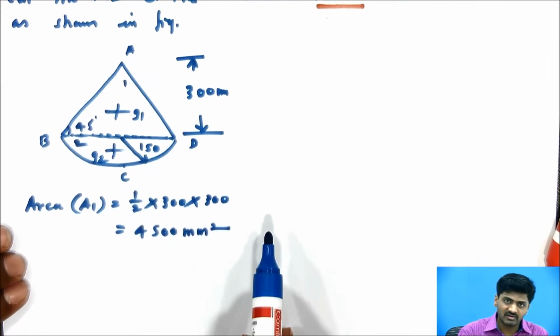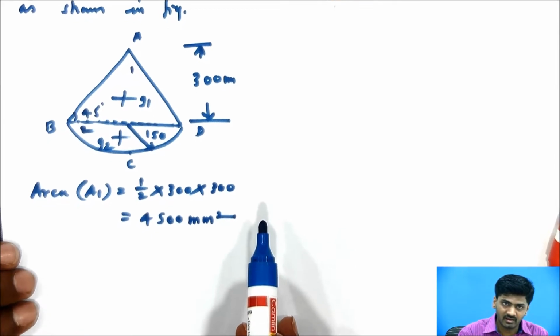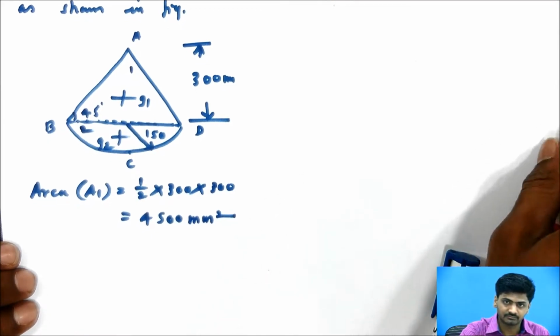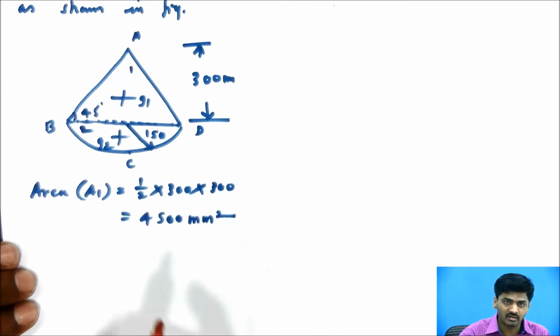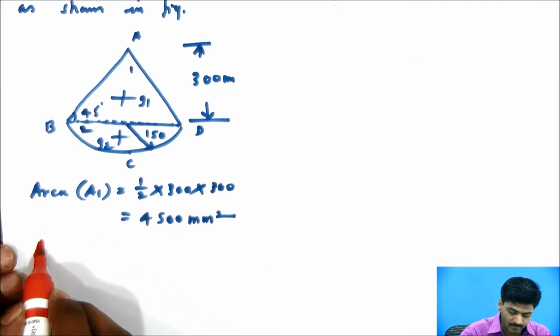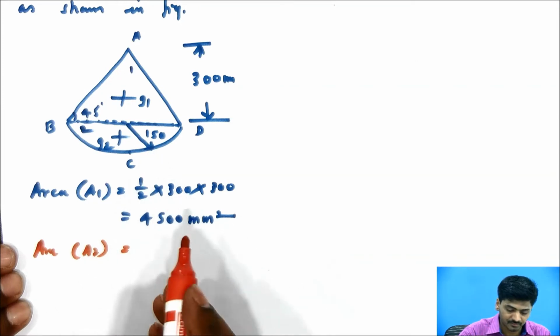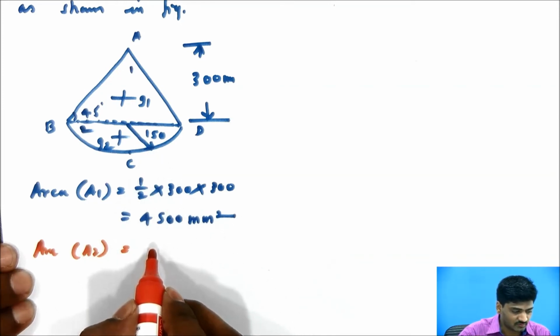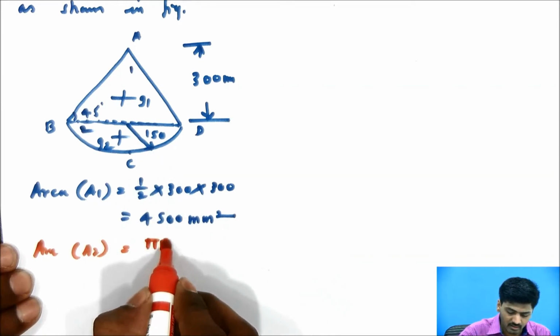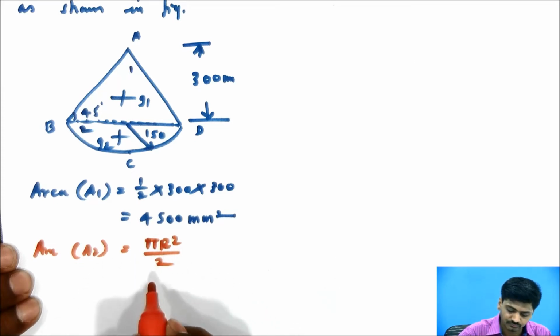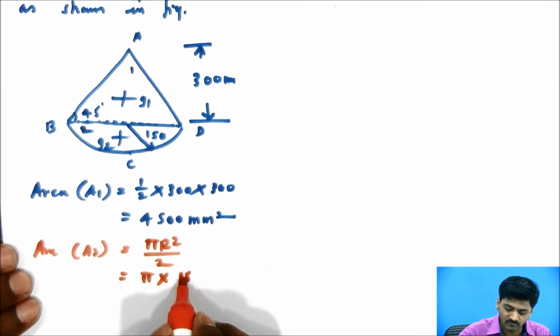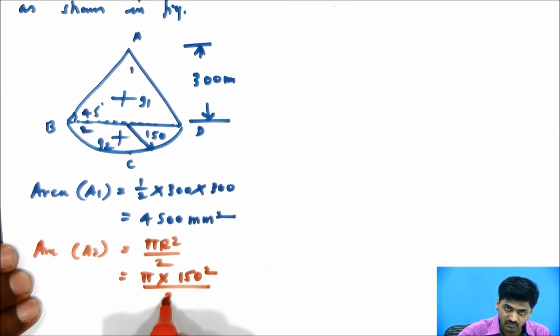Now simultaneously you may calculate the area of the second figure. Area of second figure, this is A2. Area of semicircle. How to calculate it? Very simple step, pi r square by 2. Pi into 150 square by 2.